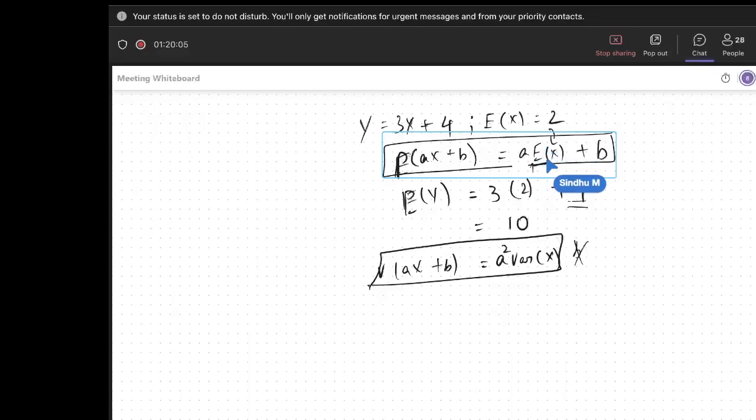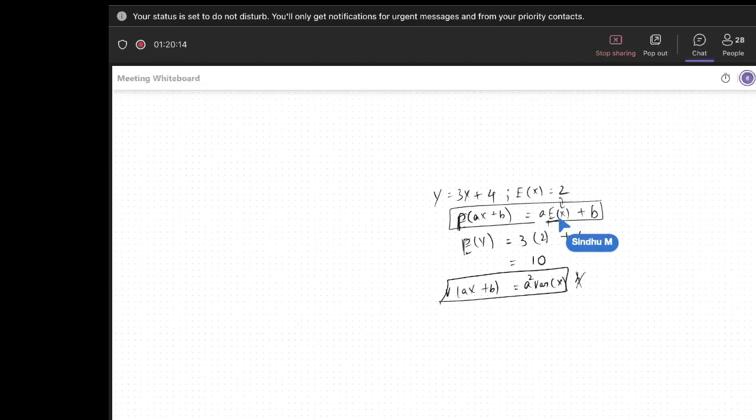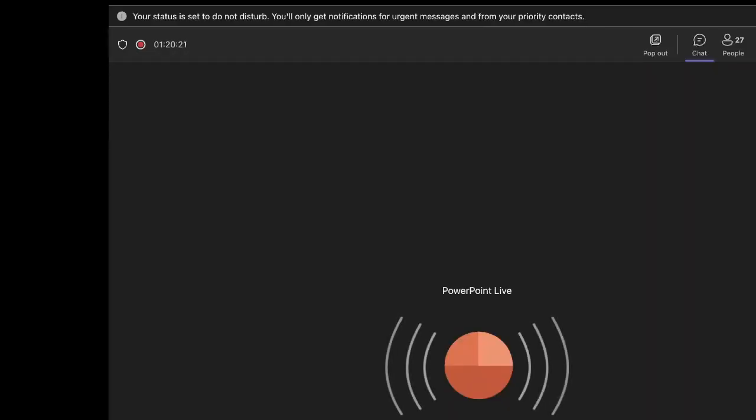So that's why it will be 6 plus 4. It won't be just 6. I think some of you have got confused. Okay, so I hope it's clear to all and we can move on to the next question.